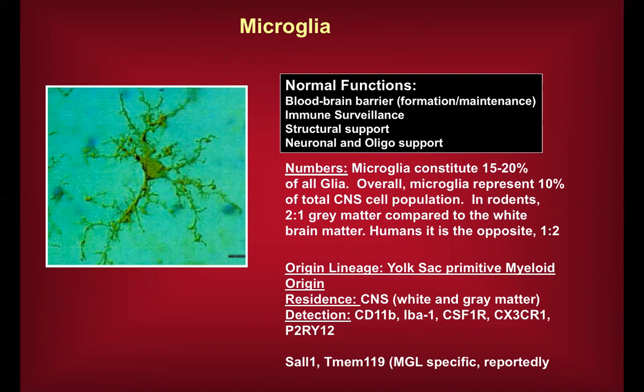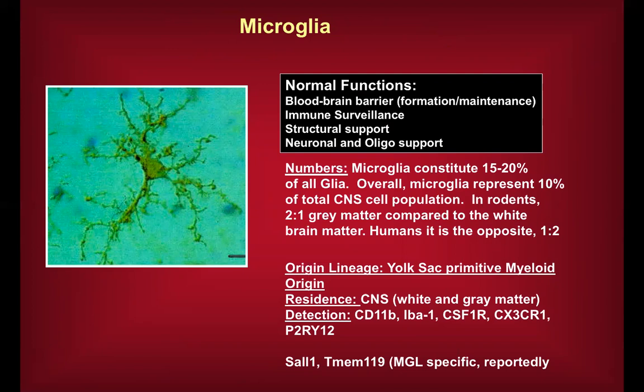Microglia make up about 15 to 20% of all glia and represent about 10% of the total CNS population. In rodents, the ratio is about 2-to-1 gray matter compared to white matter. And in humans, it's the opposite. So you see a lot more white matter microglia than gray matter. And again, the white matter is where you're going to be seeing all the white matter tracts, right? All the myelinated axons. So it's interesting that it's this species difference that we see.